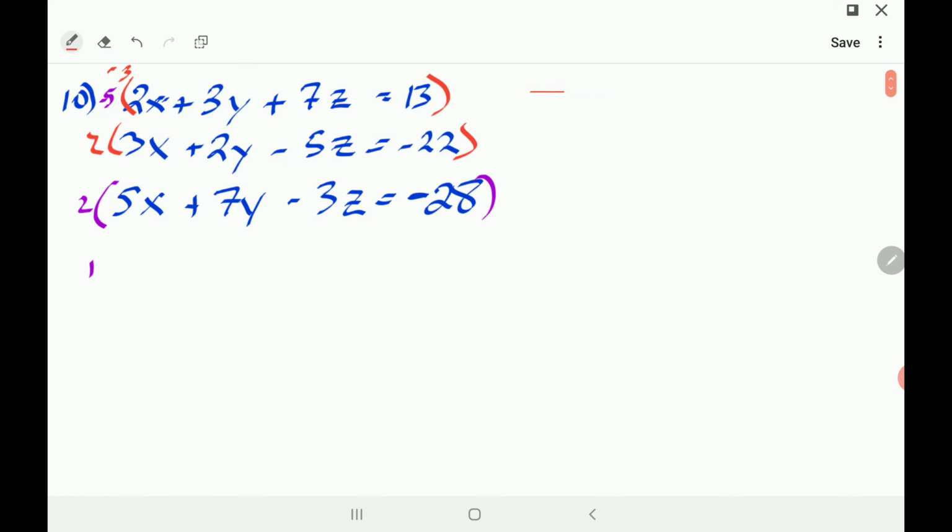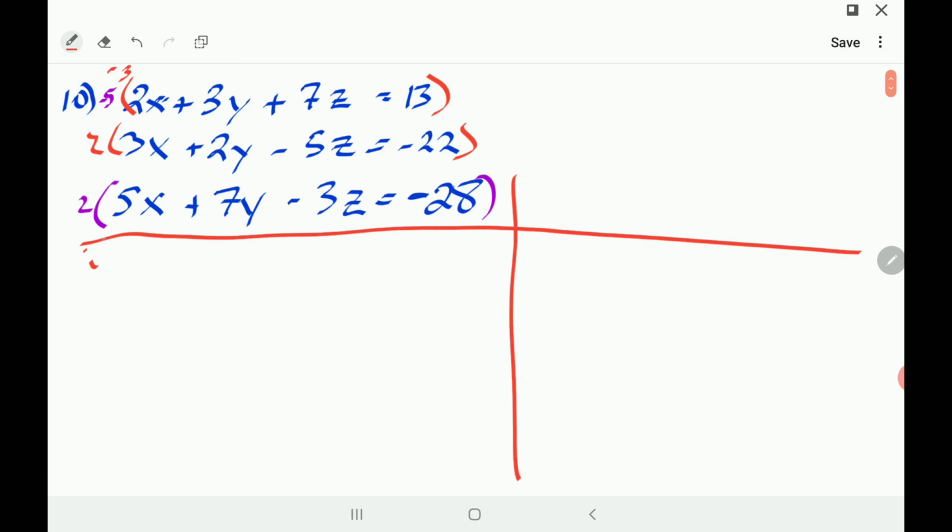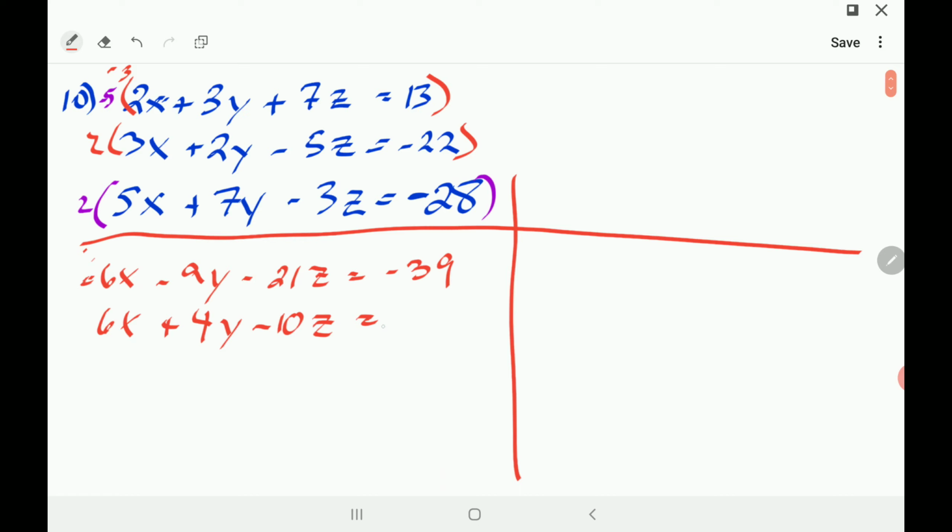So negative 3 up top, negative 3 through, I'll do this down here. Kind of make a little section here. So this is negative 6x, negative 9y, negative 21z equals negative 39. All right, and then we have positive 6x, positive 4y, negative 10z equals negative 44.